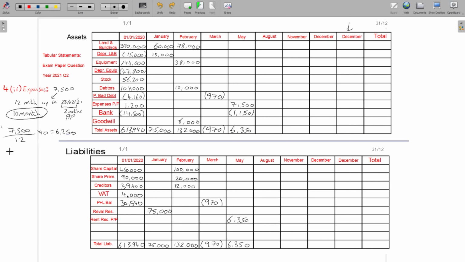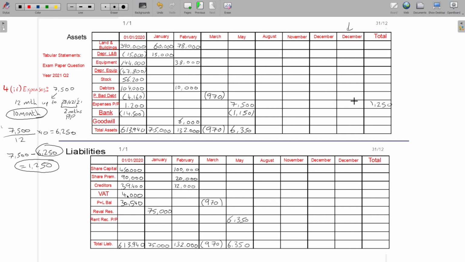So essentially, we're only going to have 1,250 euro in our total going into next year. Okay. So we're going to have used up 1,200 and 6,250.